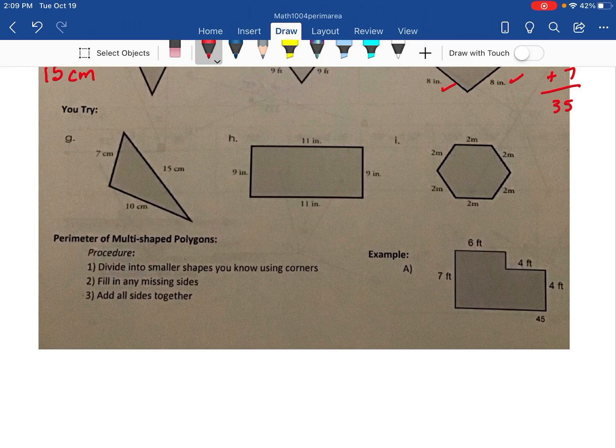In this one, we know part of the edges. Do we know how long this bottom edge is? Look for other horizontal lines that will help us. This is 6 and this is 4, so this is 6 plus 4, or 10. That's assuming it's a rectangle-ish shape, even though they didn't tell us it was.